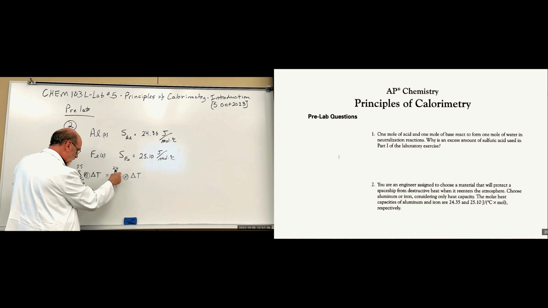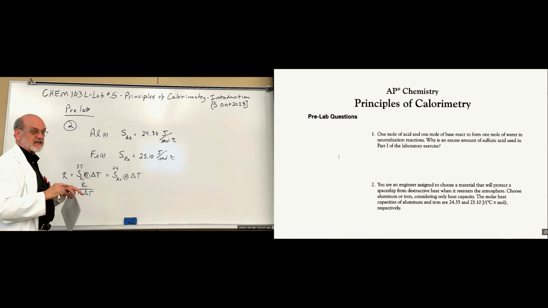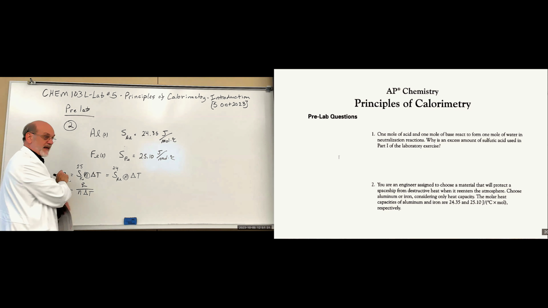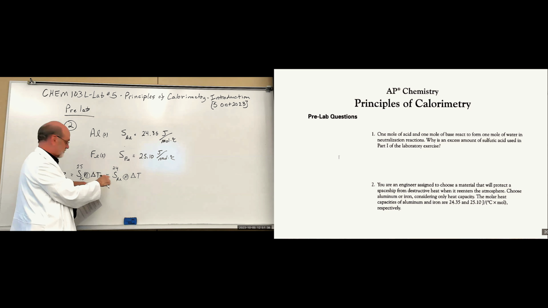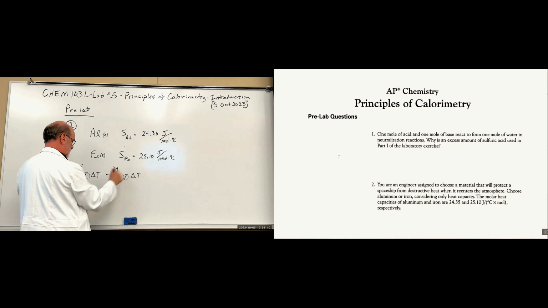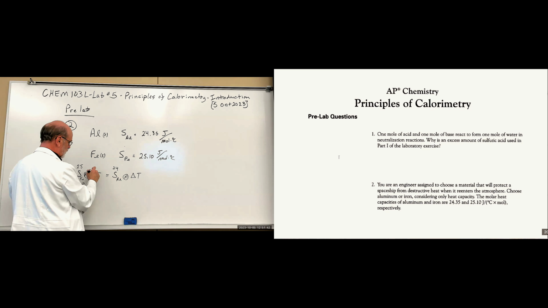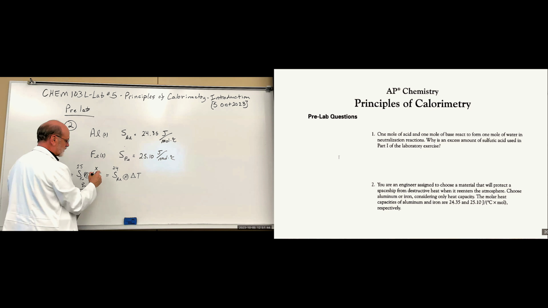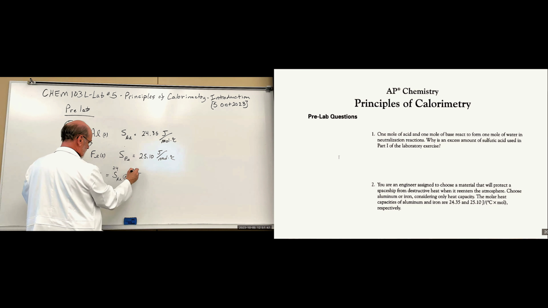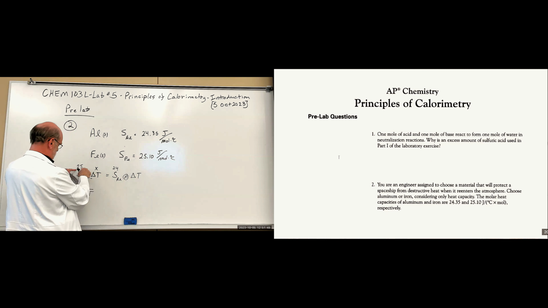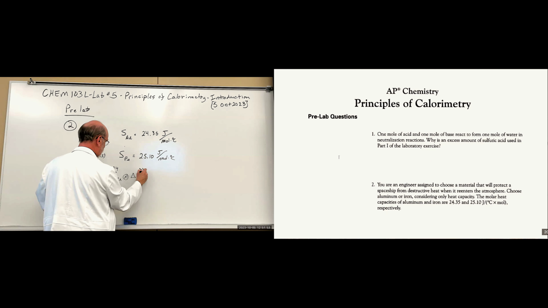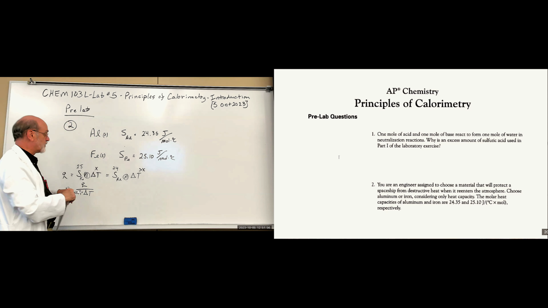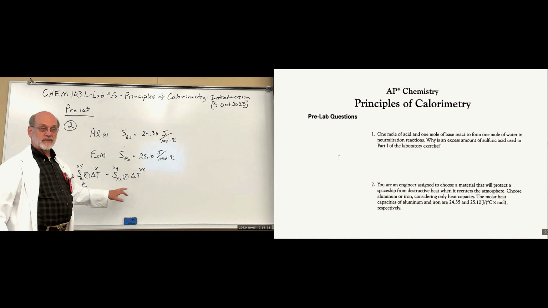If this gets smaller, then what has to happen to delta T for this to remain constant? If this gets bigger, that has to get smaller, doesn't it? So this is smaller than that one. This would be an X value, and that would have to get bigger. This one would be greater than X. So the change in temperature for aluminum would be much greater.